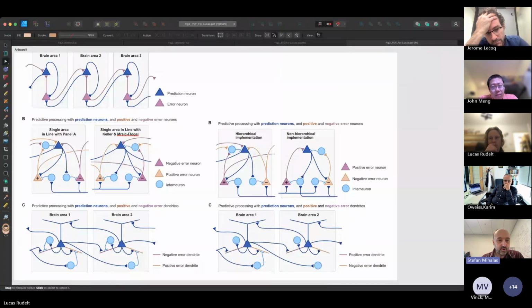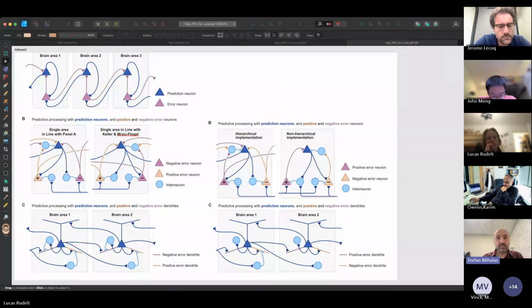Other than that, I think that there are details. I think the figure in general is nice, but some of these things would have to be addressed to have a clear relation as to what is the input and output. If you start already with brain area 1, 2, and 3, that is typically hierarchical, potentially put an arrow, as is typical for a hierarchical model, from lower areas to higher areas.